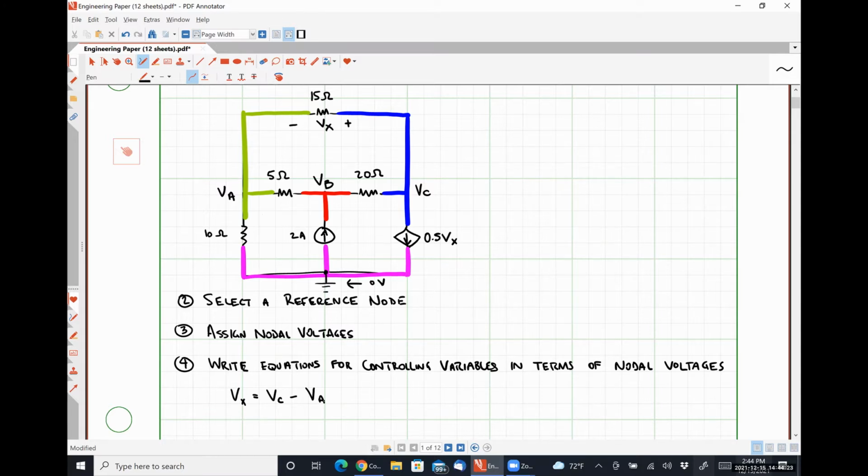That's a very, very common mistake. People try to write these controlling equations and accidentally give current expressions when we're expecting voltages. So anytime I want a voltage, it should just be some algebraic combination of voltages. I shouldn't divide by any resistor values. I just wanted to be clear about that.